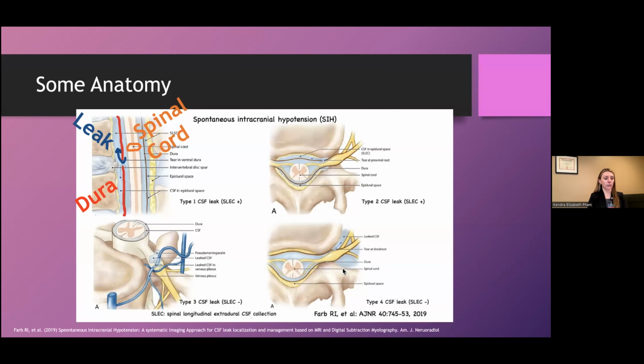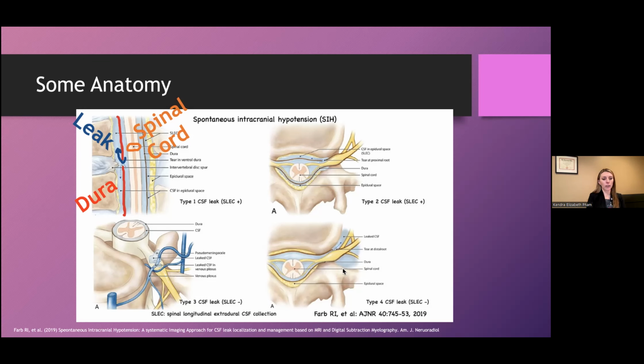And these layers that surround the spinal cord are called meninges. And inside of those meninges, surrounding that spinal cord, there is fluid called cerebrospinal fluid. This protects the spinal cord. It's also present in our brain, and it gives us that buoyancy or floating for that brain and spinal cord.